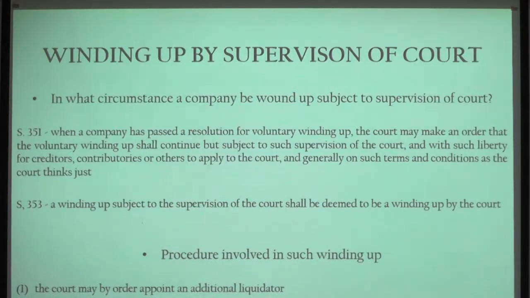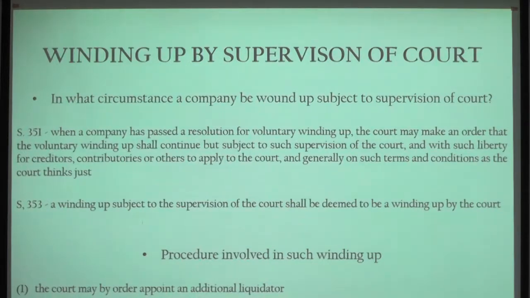Since the voluntary winding up procedures are taking place, as I mentioned before, the court will only make an order to appoint an additional liquidator to support the liquidator who has already been put to the job under the shareholders winding up or under the creditors winding up. So, the court appointed liquidator would be a co-liquidator who would support the already appointed liquidator.